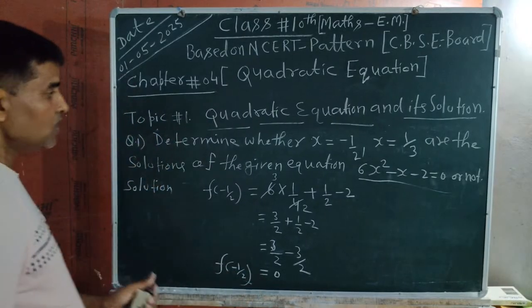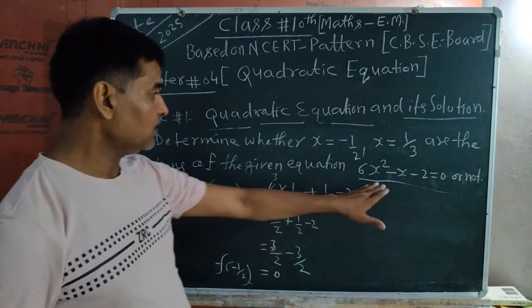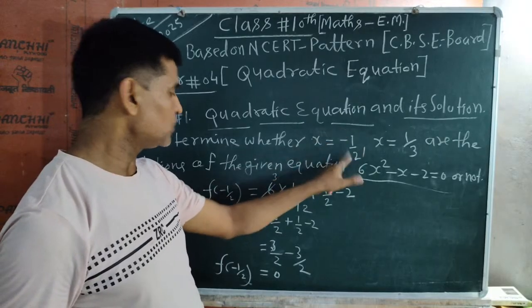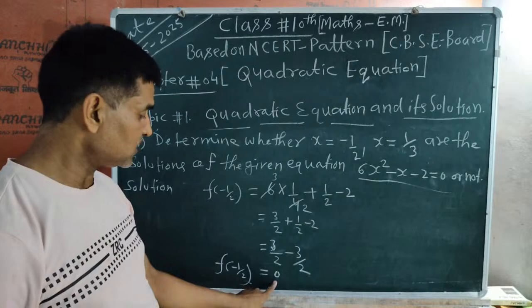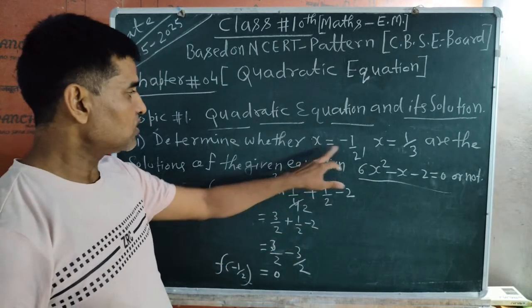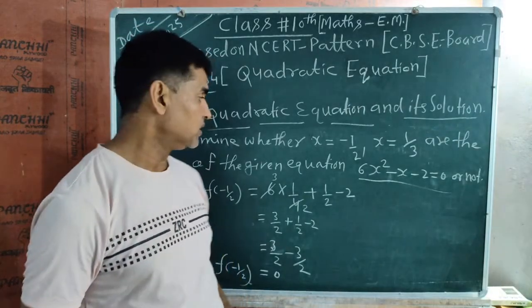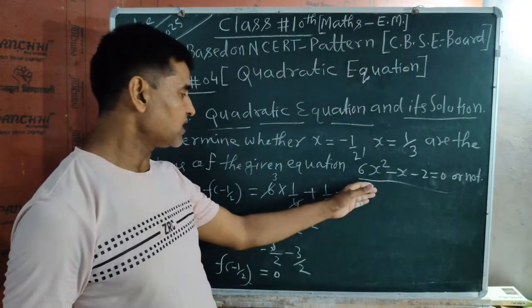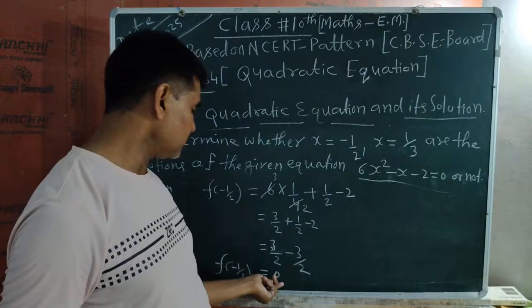Okay, student. So for the given quadratic equation, if I have put x is equal to minus 1 by 2, then after calculation I have got its value 0. It means that x is equal to minus 1 by 2 is satisfying this quadratic polynomial. Because when I am getting its value at x is equal to minus 1 by 2, I am getting 0.